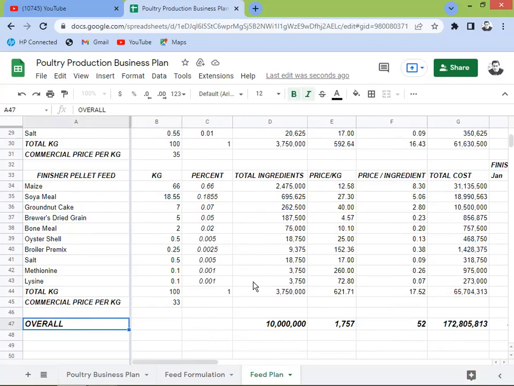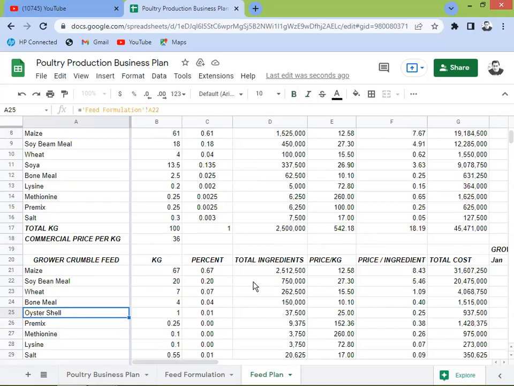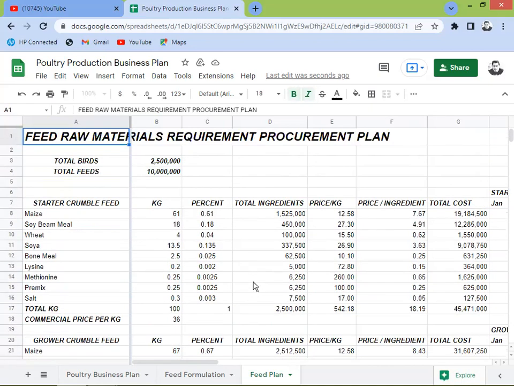I think I have covered everything as far as planning our feed raw materials requirement procurement plan. We need to plan our volume, the weight in terms of tonnage or in terms of kilogram, so that we'll be able to come up with a budget, with money, because we are going to budget our own.